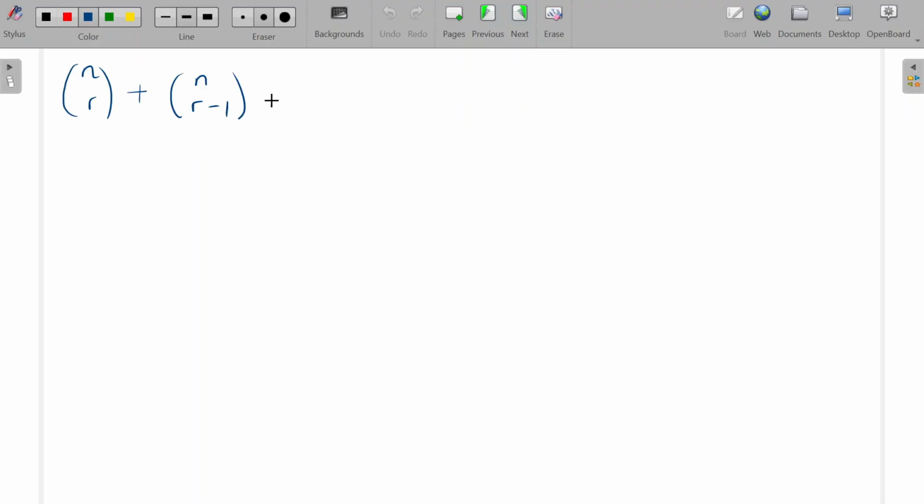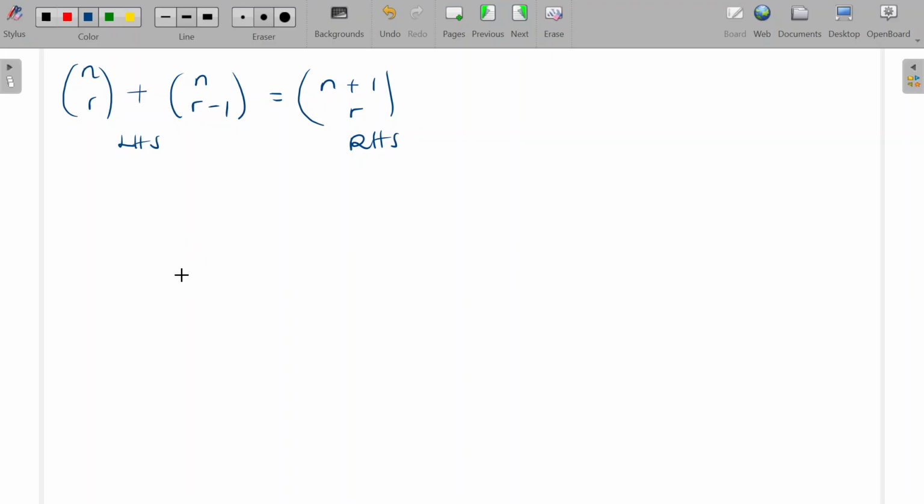It's supposed to give you n plus 1 combination r. Here again you take the most complicated side. So you have the left hand side and the right hand side. You're going to pick the most complicated side, which is easier for us to solve, and it is this side.